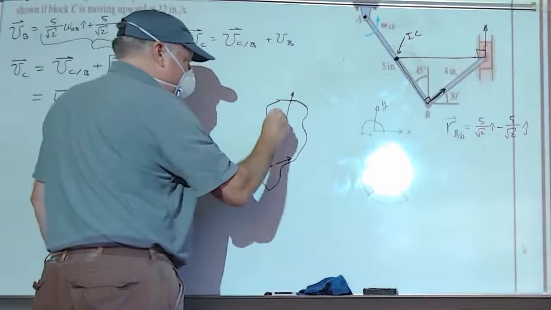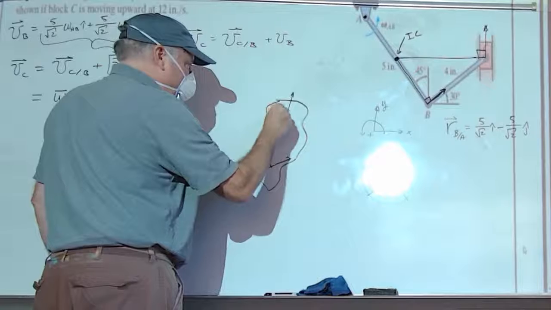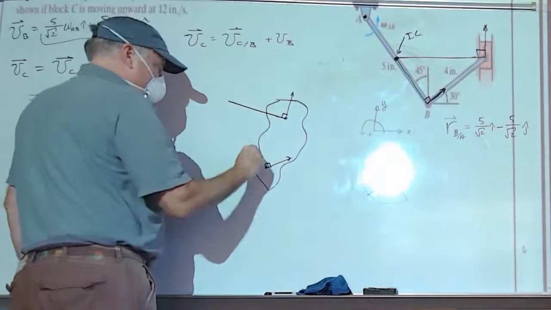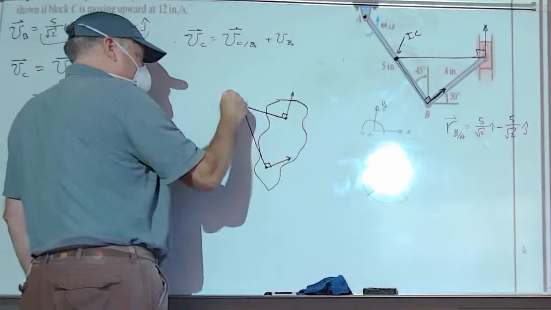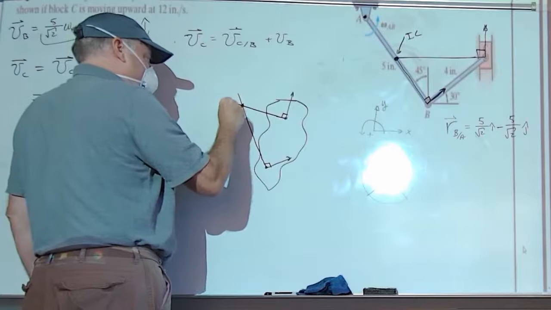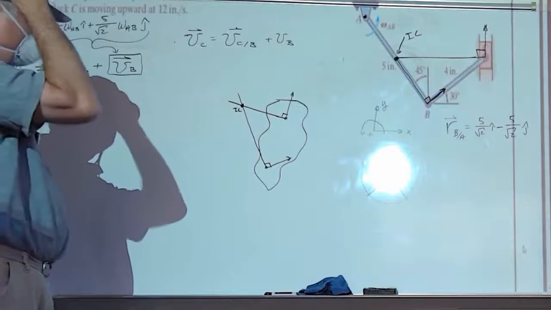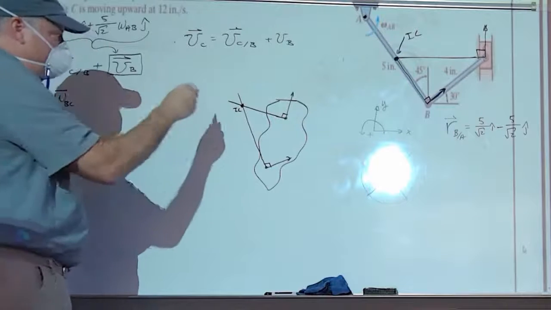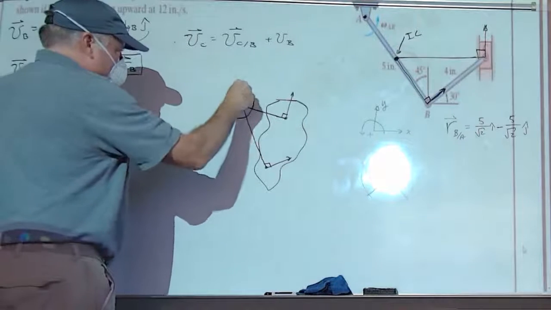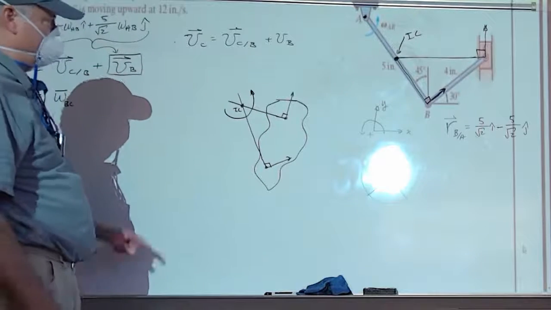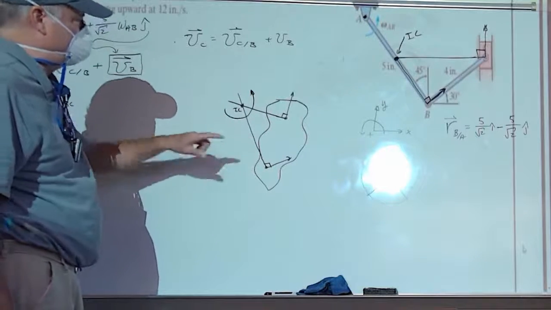Draw a perpendicular to each and look for where they cross. That is what's called the instant center of rotation, or the center of rotation at that exact instant, which means it appears at that instant that it's rotating about that point.